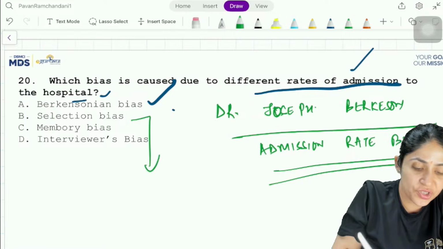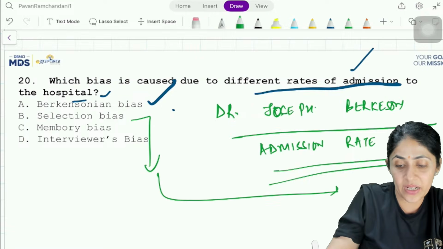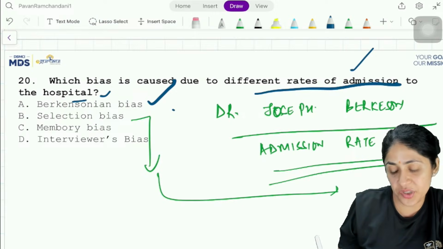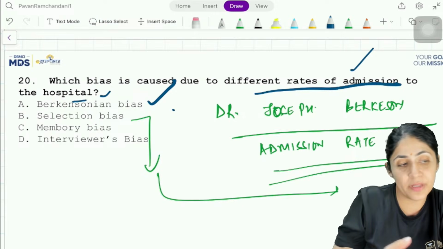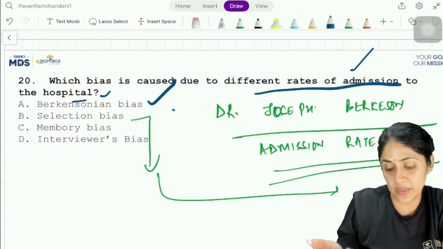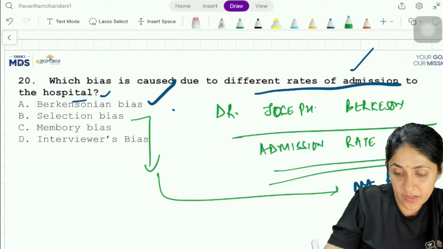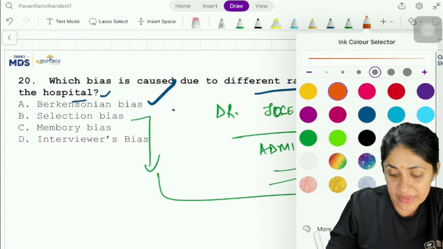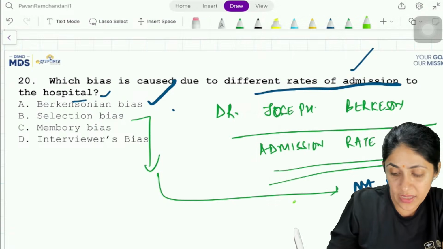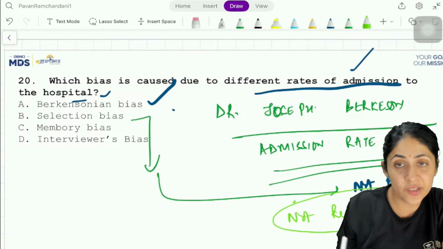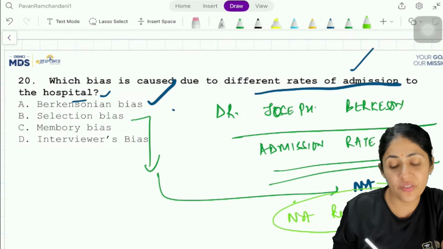Now, what is selection bias? Selection bias occurs when the study population, the people that you're taking, for example subjects from the same hospital, are not truly representative of what you are trying to study, of the general population.